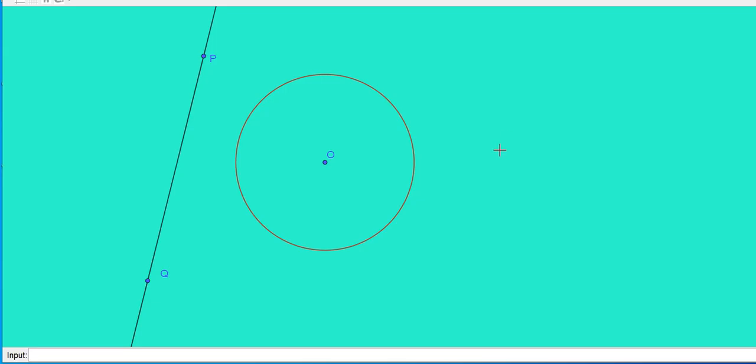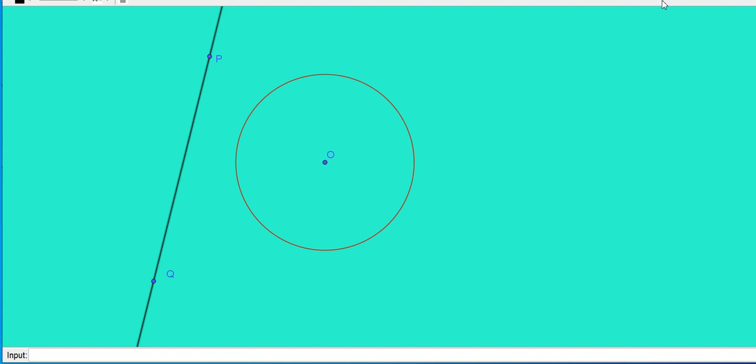Let us consider a circle and a line PQ. There can be three possibilities. Here, this line PQ and the circle don't have any common point.